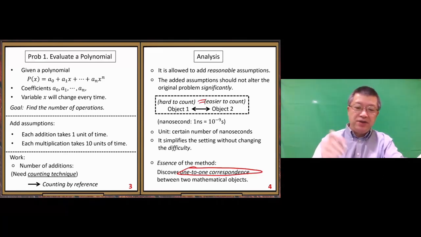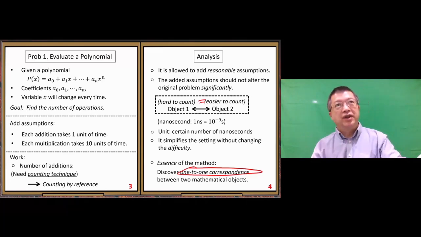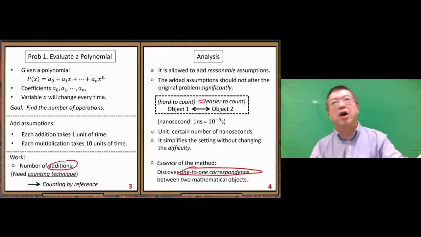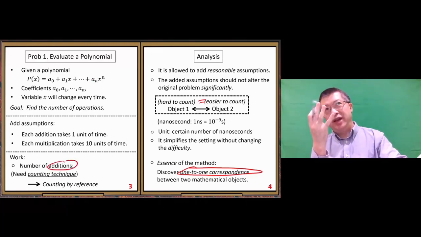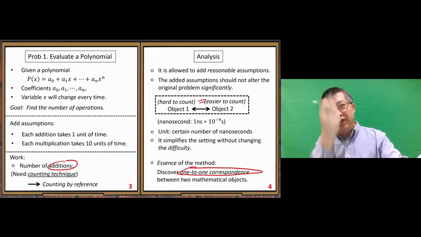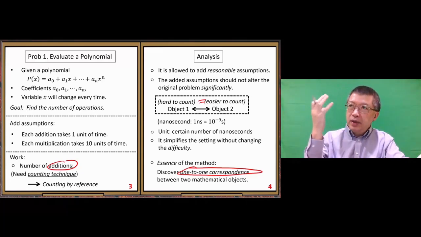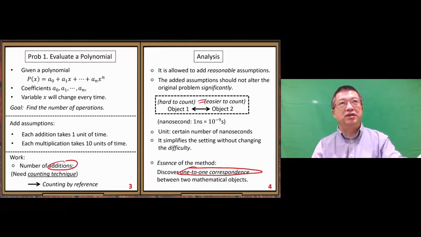All right, let me use this example to illustrate the effectiveness of this method. We want to count the number of additions in this polynomial. That's the object. We treat the additions as a mathematical object, and we count the number of elements in it.